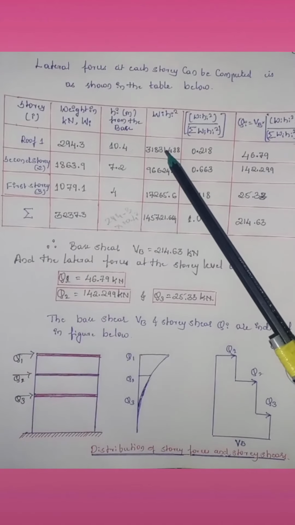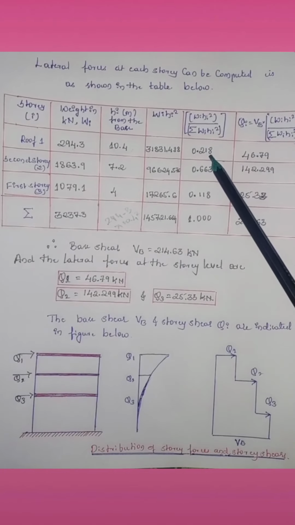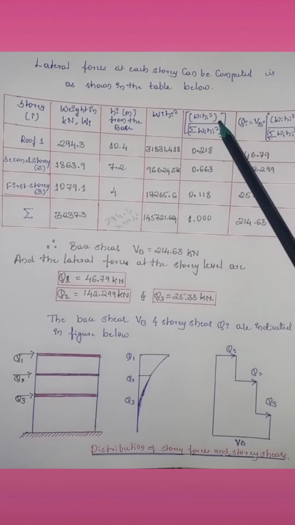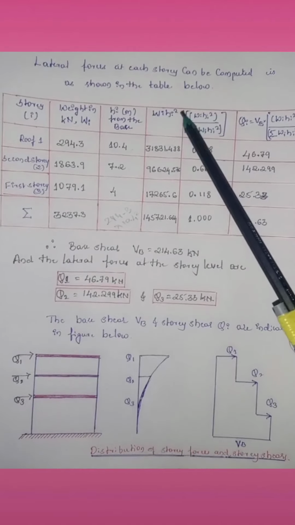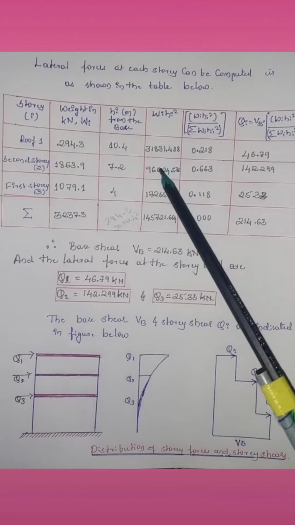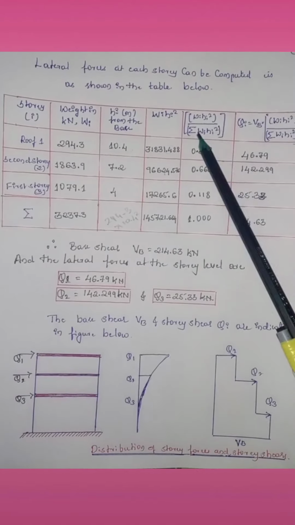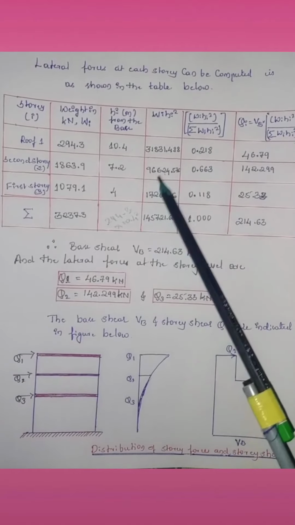This value divided by this value, you will get 0.218. Okay, this is Wi hi square divided by summation of this.